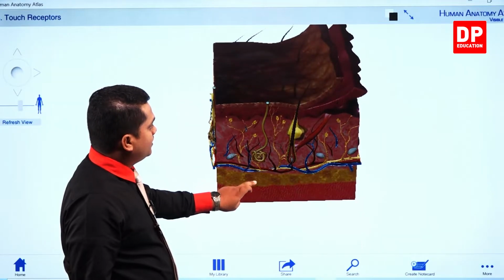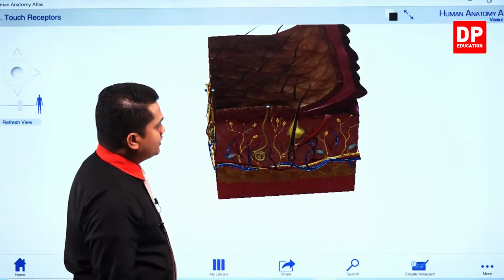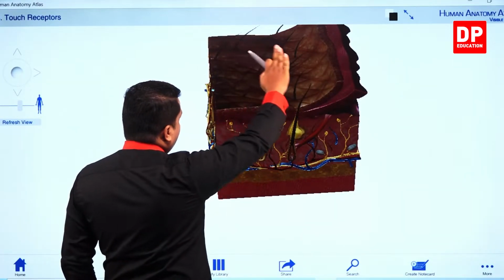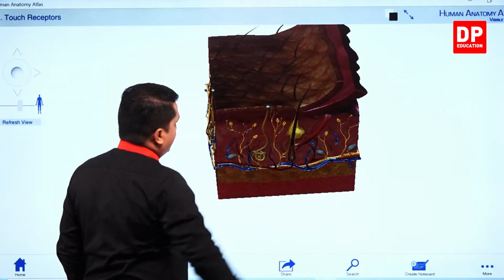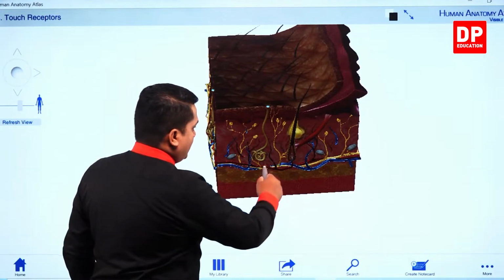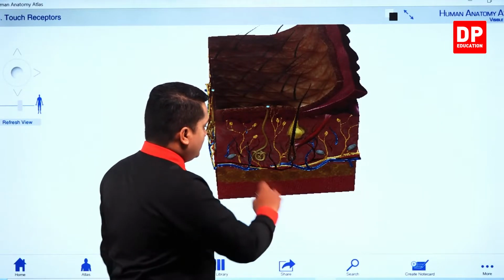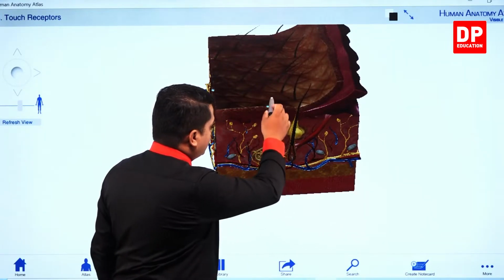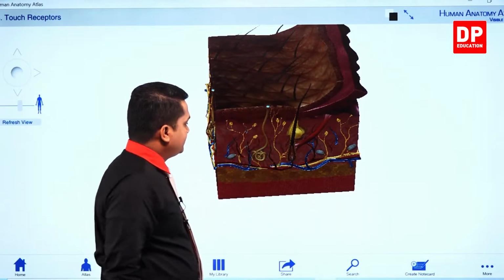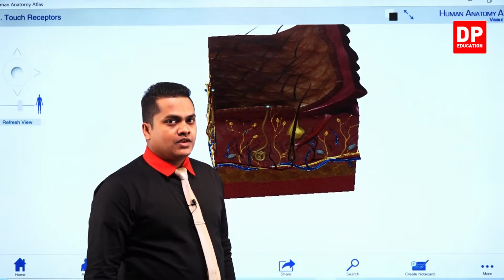So if you check the skin, it's like this, with the dermis, the epidermis area, and the outer appearance of the skin, and different hairs. Here see the hair follicle, and the blood capillaries, sweat glands, right, and sebaceous glands. So these are the main parts contained in our skin, right.